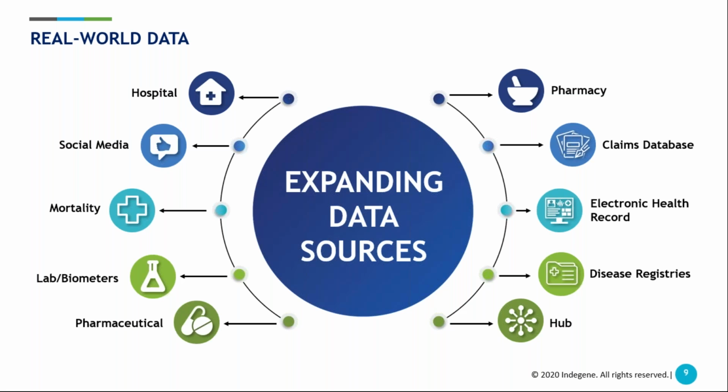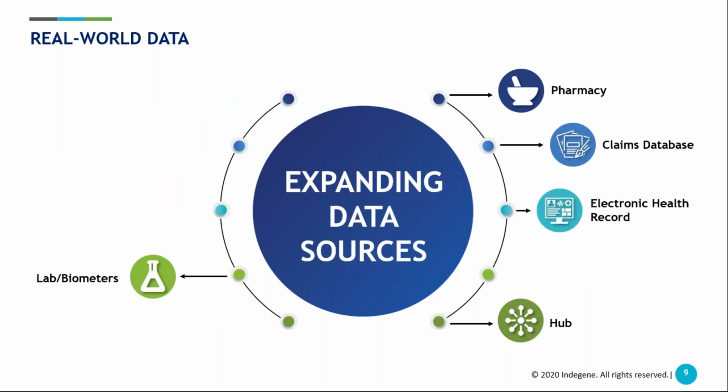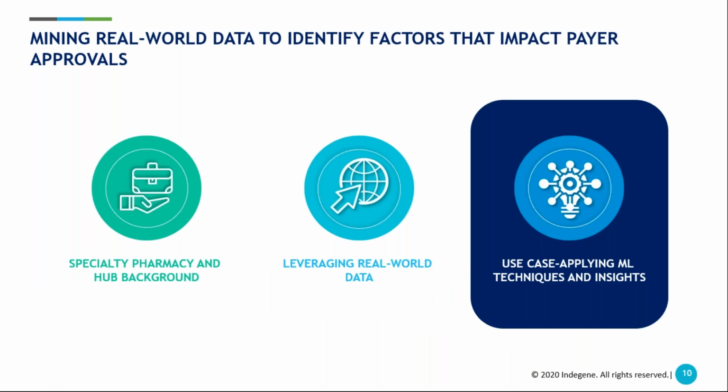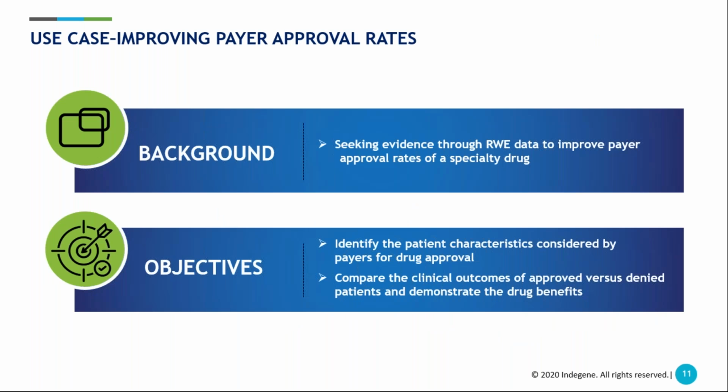Now, with so much data available, the next step is to understand which data sets will be required for your analysis. In our case, we needed different APLD data sets along with the hub and specialty pharmacy data. So quickly hopping over to the case study. The case was that our client had a very expensive yet very effective specialty drug in the market.